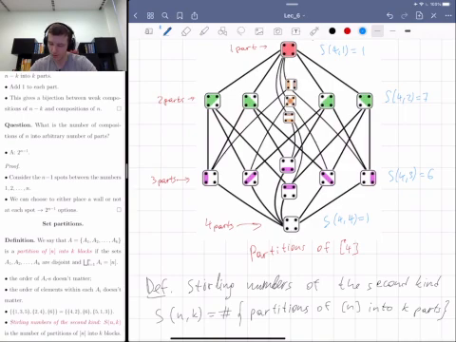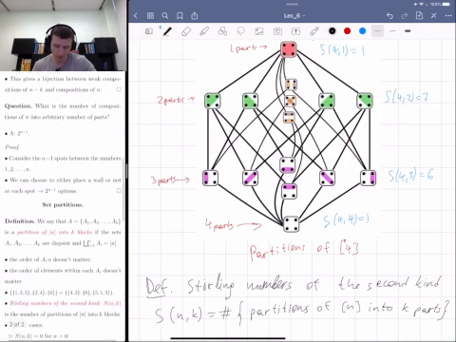It's also going to be convenient for me to allow the number of parts to be not only between 1 and n, because I'm going to study recurrences, and for recurrences it's convenient to extend k to run over any integer.